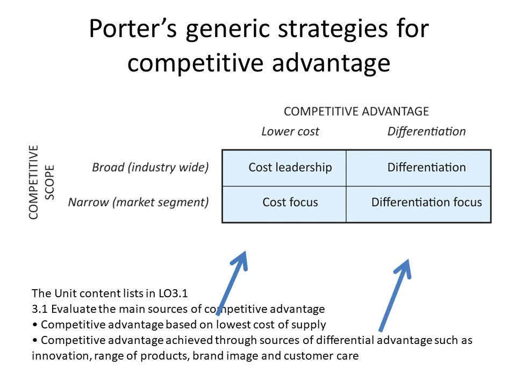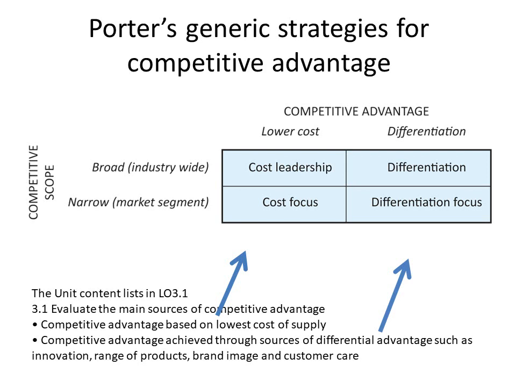There is also a difference in the scope of your competitive offering, whether it can be broad or narrow. So this gives us 4 strategies: cost leadership, cost focus, which are both low cost competitive advantage, and the cost focus means you're selling to a narrow segment of the market. The other strategies were differentiation and differential focus.